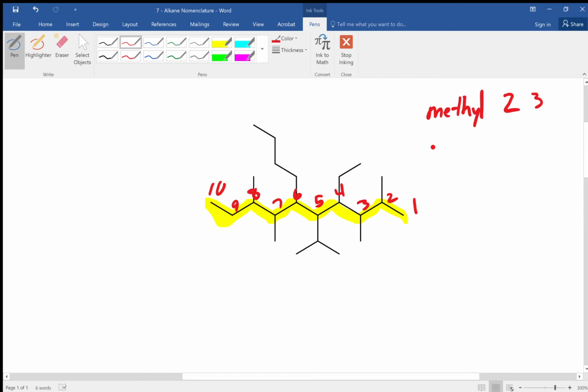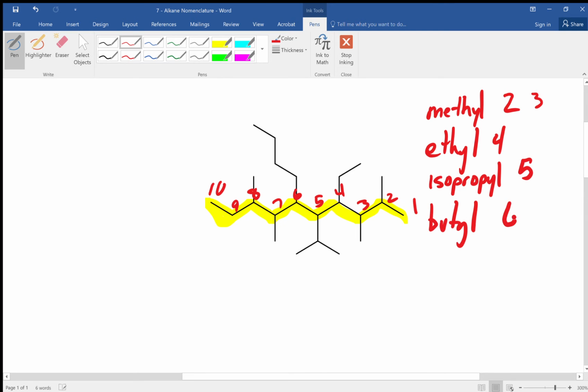On the fourth carbon, we have an ethyl. On the fifth carbon, I have an isopropyl group. On the sixth carbon, I have a 4-carbon chain, which would be known as a butyl group. And on carbons 7 and 8, we also have methyls.